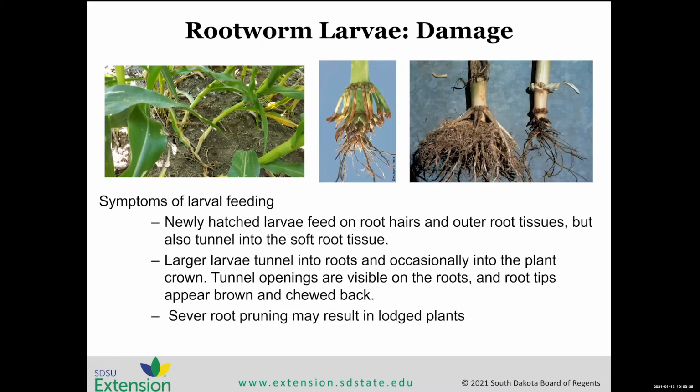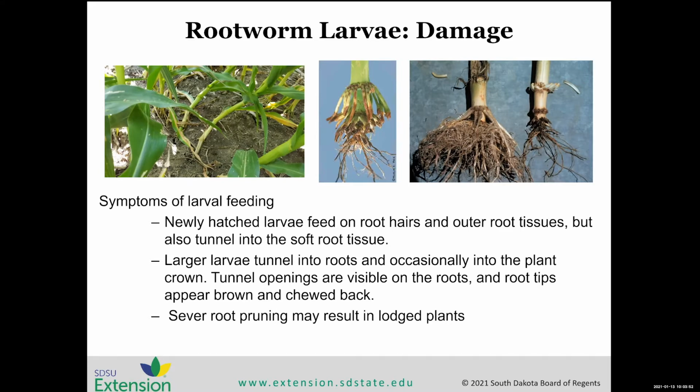As you can see in the middle and far right picture, almost all the root hairs are removed. Larger larvae tunnel into roots and occasionally into the plant crown. Tunnel openings are visible on the roots, and root tips appear brown and chewed back. Severe root pruning may result in lodged plants.